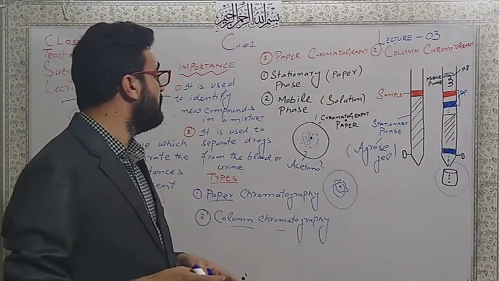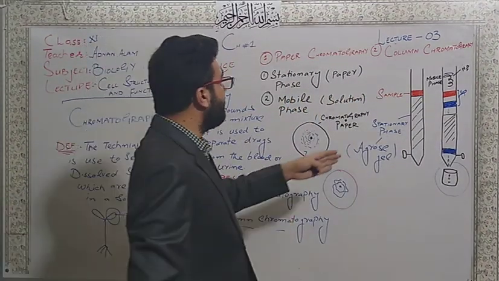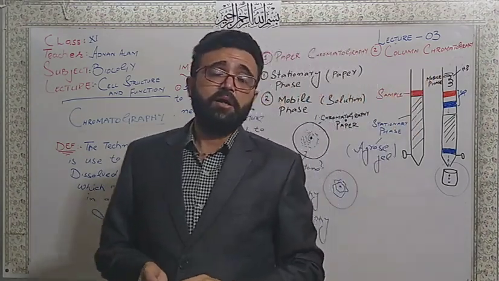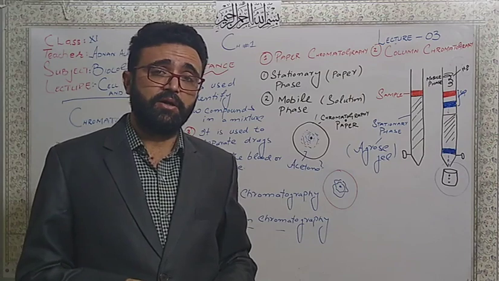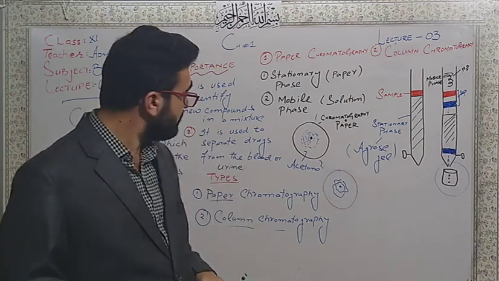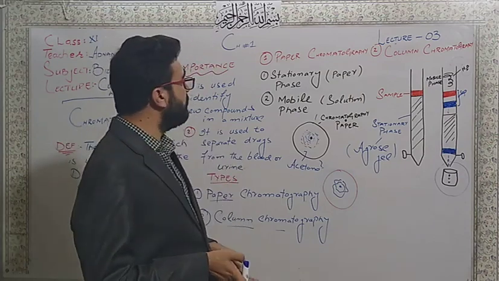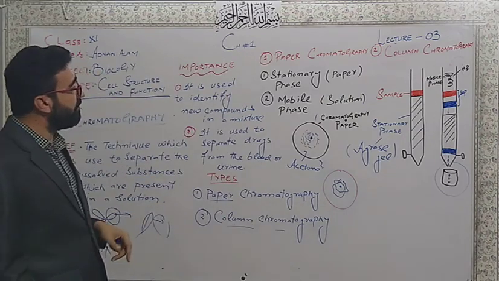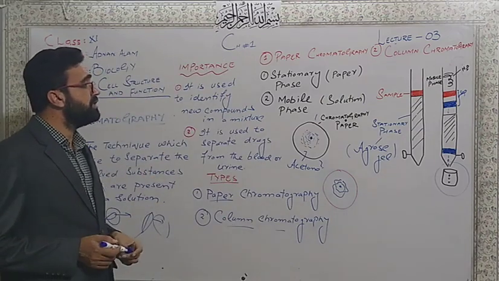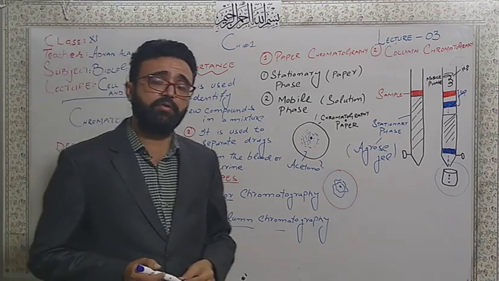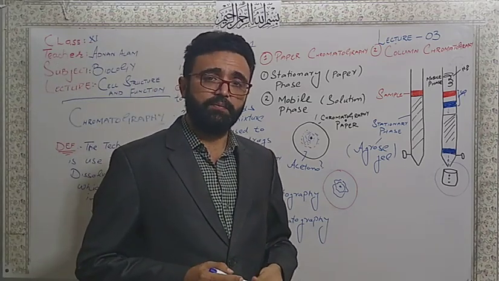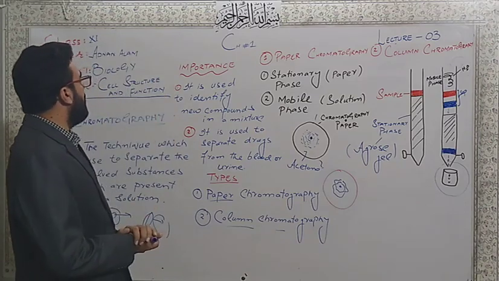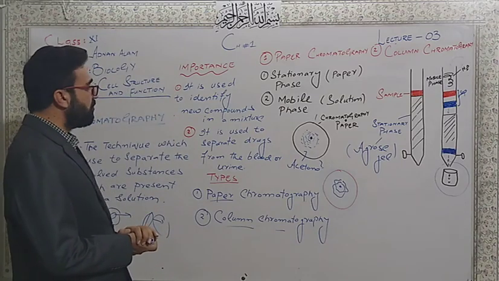So it is a mechanism by which we can even discover new compounds also. So I hope that you got a good idea of chromatography. Chromatography is used for the separation of different kinds of chemical compounds.